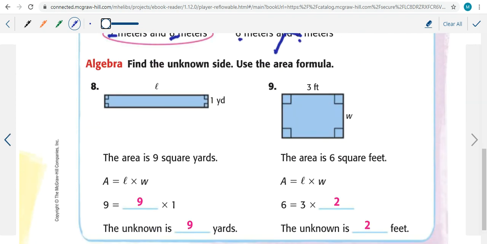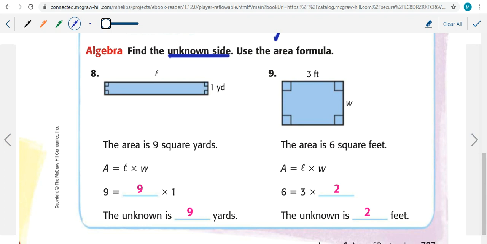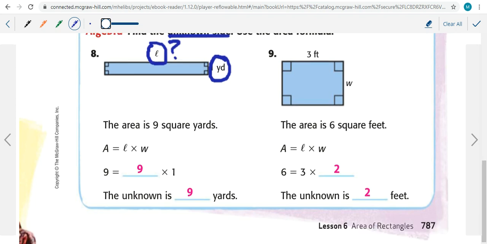Number 8. Find the unknown side. Use the formula. Now, we already know that the width is 1, but we need to find how much is the length. They are giving us the formula. You need to know that area is always length times width.